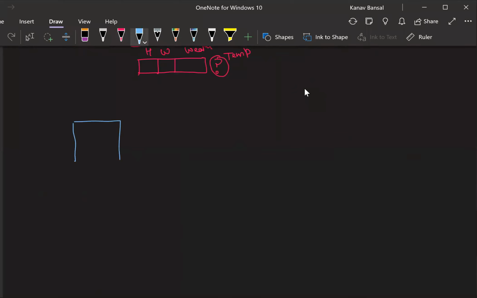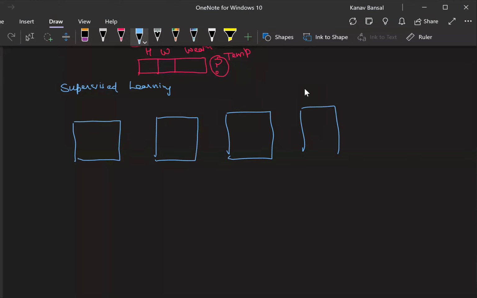Let's first try to understand supervised learning from another perspective. Again, supervised learning. Let's say you have some photos, and a photo is nothing but the input. The first photo given to you looks like this.